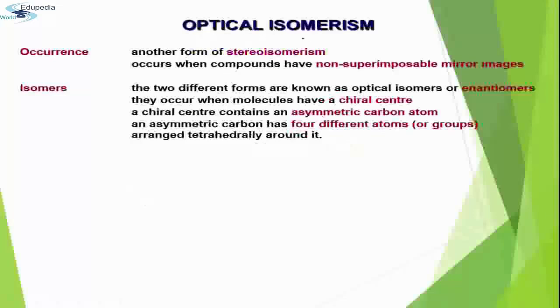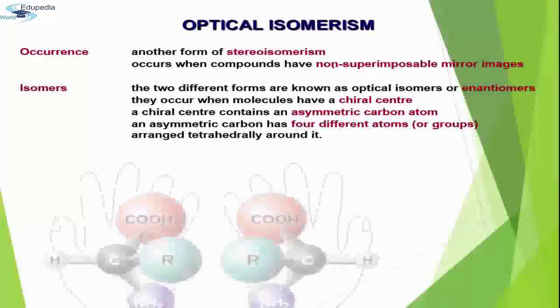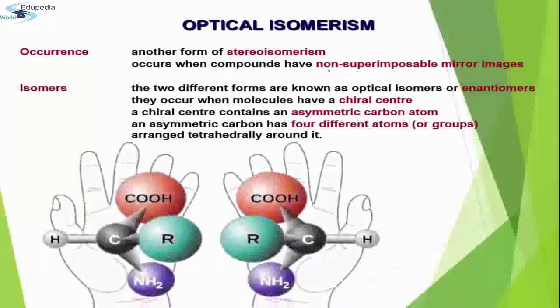Optical isomerism is another type of stereoisomerism which occurs in those compounds which have non-superimposable mirror images. Now, we will understand what we mean by non-superimposable mirror images.